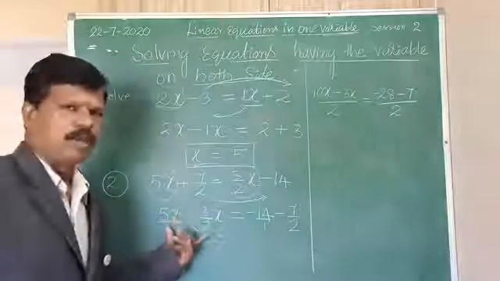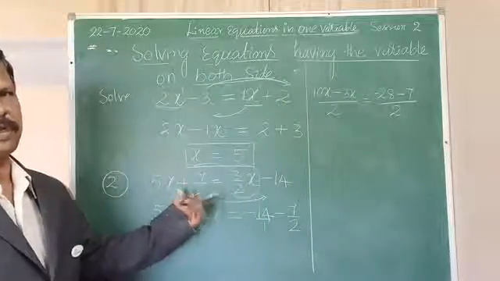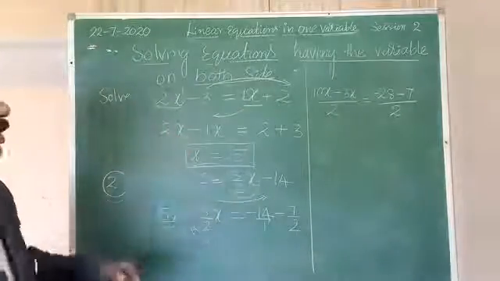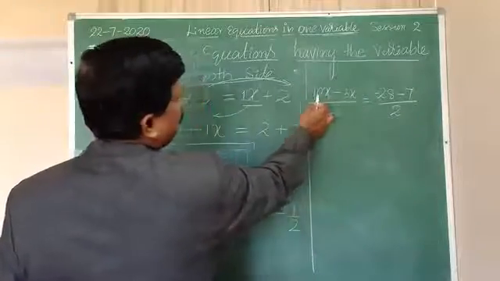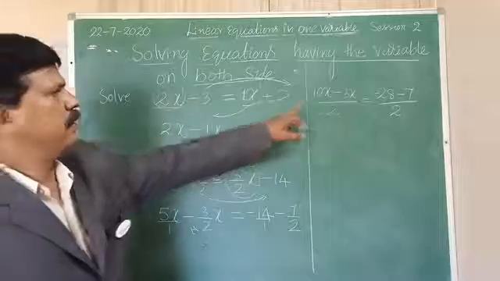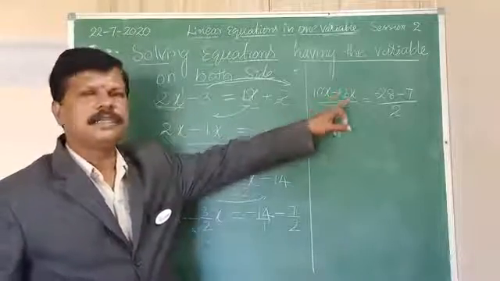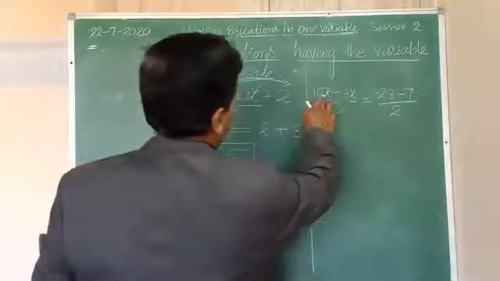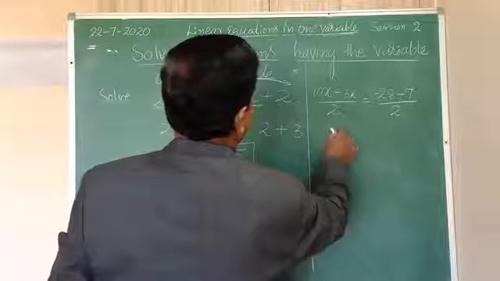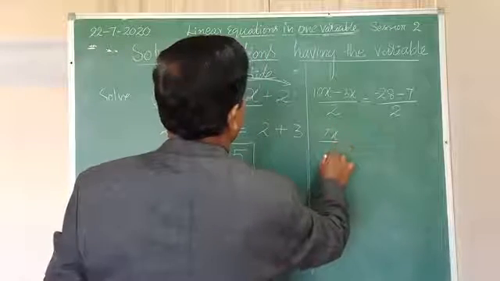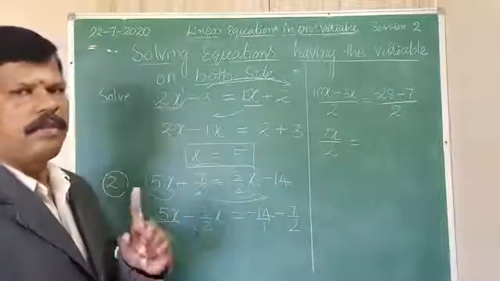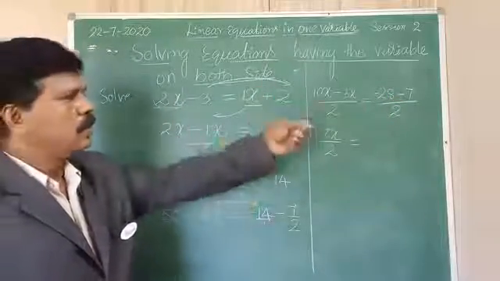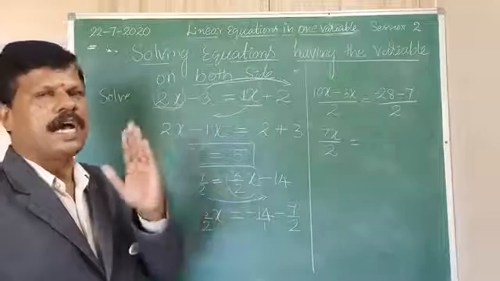So you solved so many problems in the first chapter, rational numbers, how to take the LCM and all. Now look at this. How many x are there? 10x are there. Here is 10x, here is 3x. Now on subtracting, you will get 7x by 2 equals, here both are minus sign. Remember, the terms or the numbers with the same sign, you should add up.